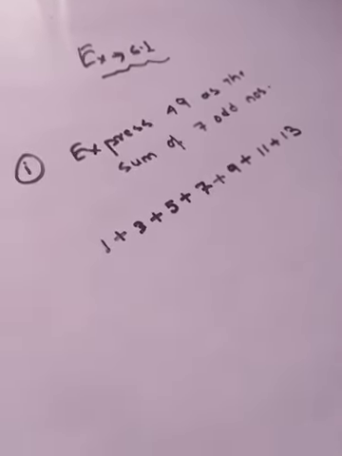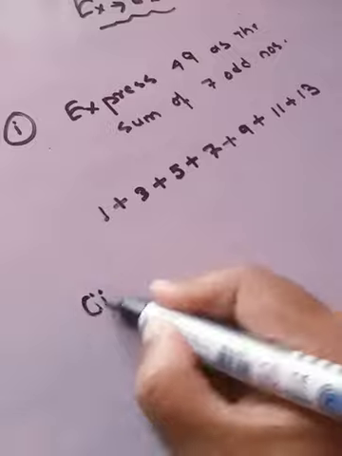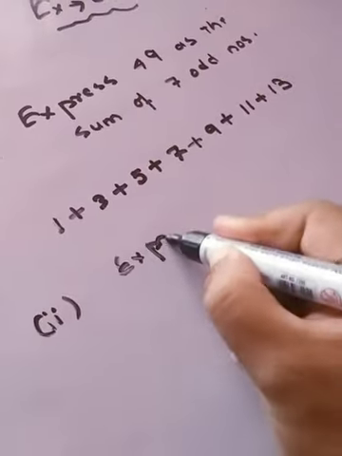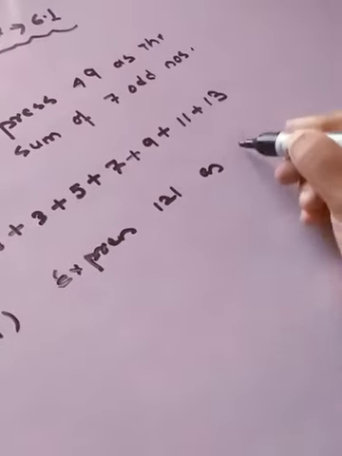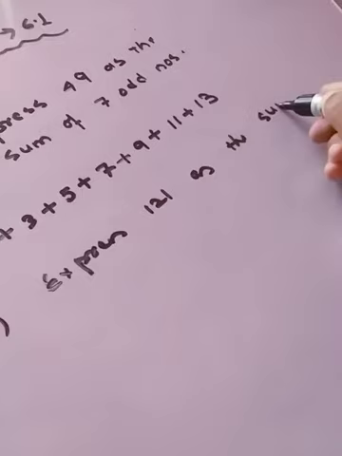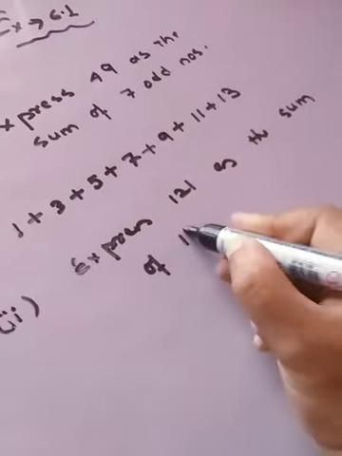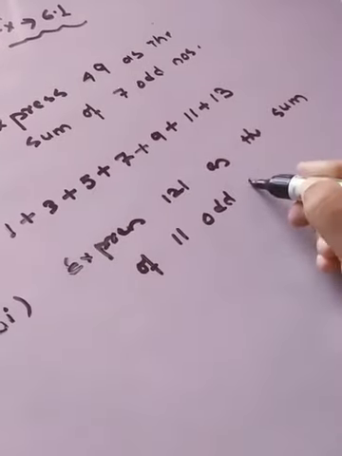Okay, now let's do the second question. You have to express 121 as the sum of 11 odd numbers.